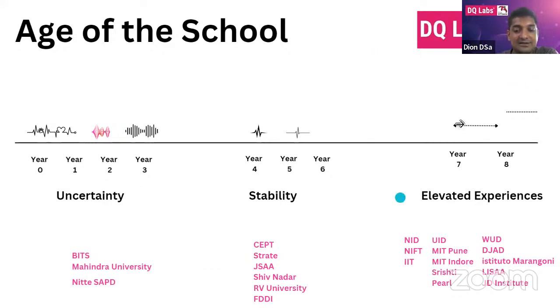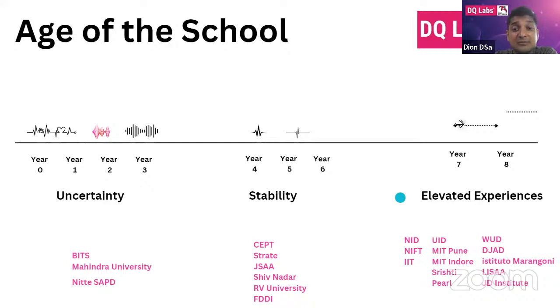Now, these are the suggestions of schools that are there. BITS is rather new, this is their first year. Mahindra is in its first year. NIT SAPD is in its first year. The other schools have been there a little longer. So the idea is that you introspect.